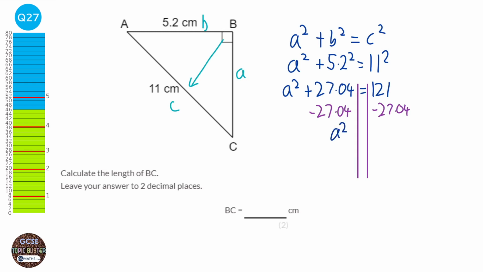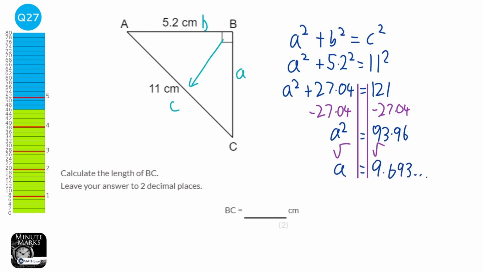So we get a squared equals 93.96. There we go. And to work out what a is, we just square root both sides. So it'd be a equals 9.693 and so on. It asks us to do two decimal places, so we write 9.69.